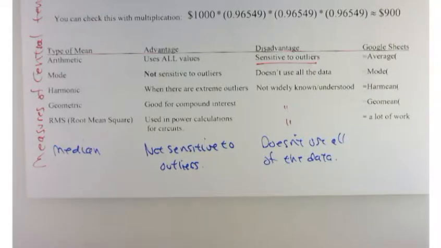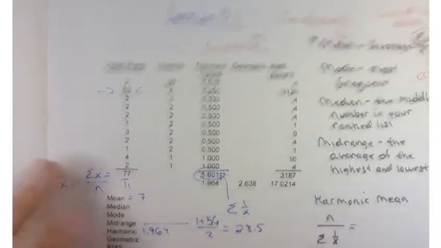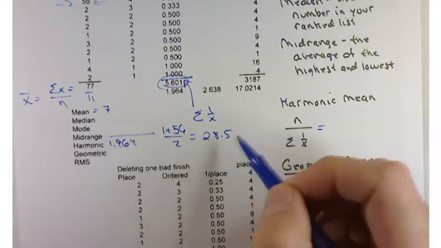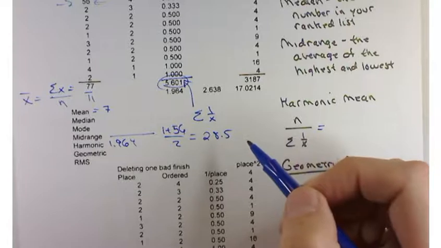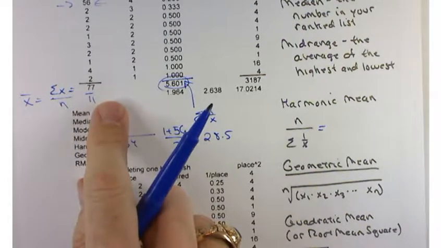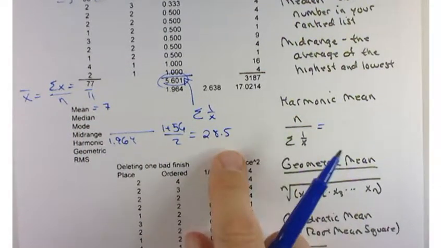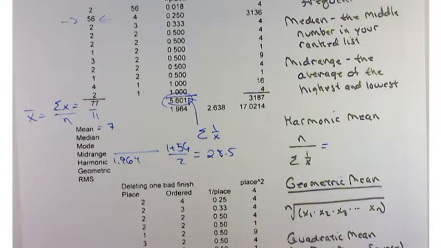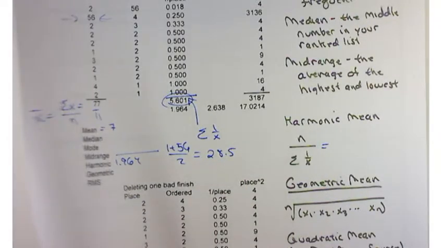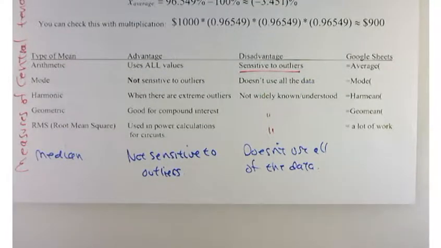In the example on the reverse side, our mid-range was 28.5. That seemed even worse than the average, which was 7. So the mid-range I just don't think is very useful at all, and I don't recall seeing it used outside of maybe this one section. Yeah, so I appreciate the question.